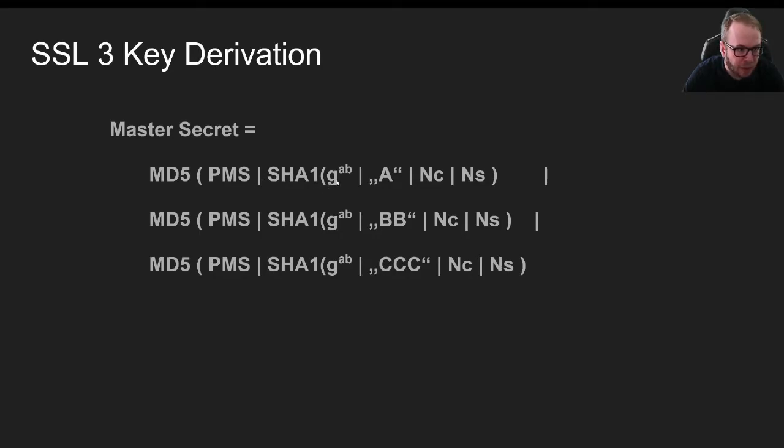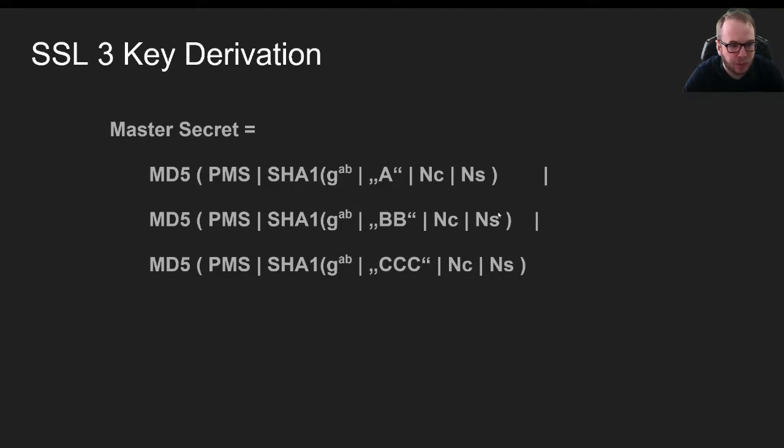And there are also 3 different internal SHA-1 computations. There's g to the power of ab, which is the shared secret, concatenated with the letter ASCII A, literally 1 byte A in 0x41, concatenated with a client nonce and server nonce, which are 32 bytes each. And you have 3 different ones.